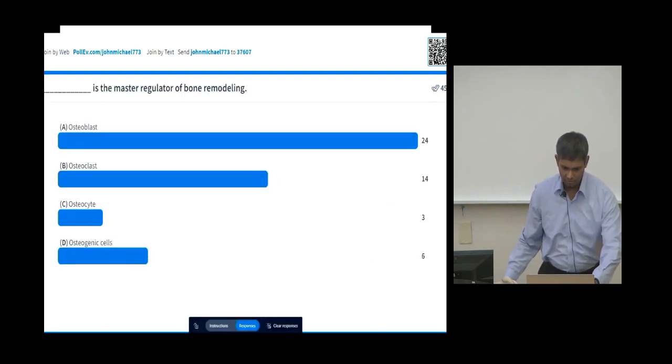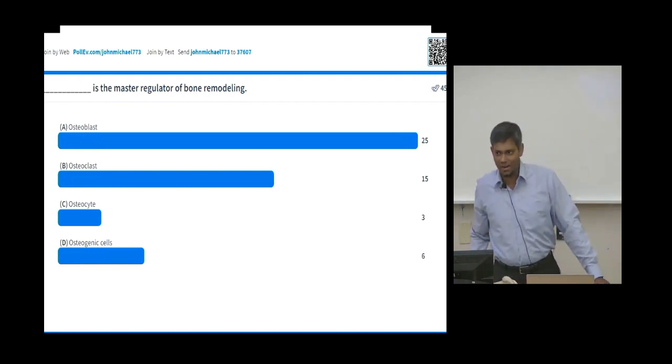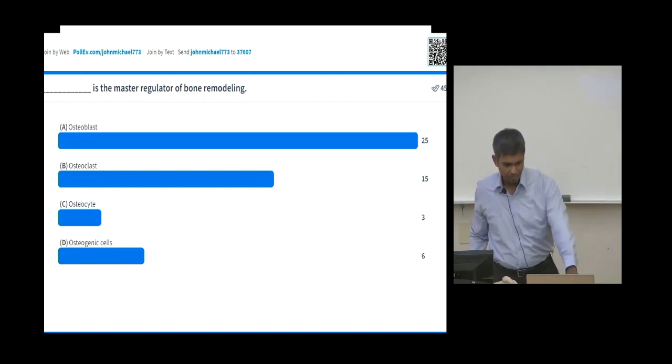Okay, got two answers. Most of you said osteoblasts. So the master regulator for bone remodeling is actually osteocytes. The answer is C, and I'll explain why that is the case.